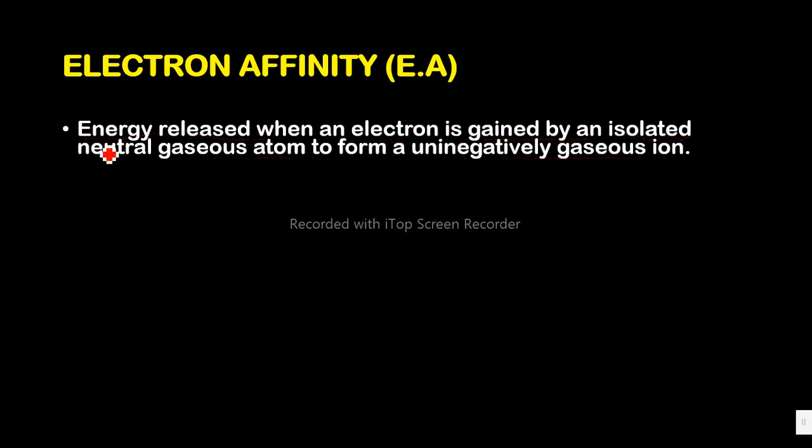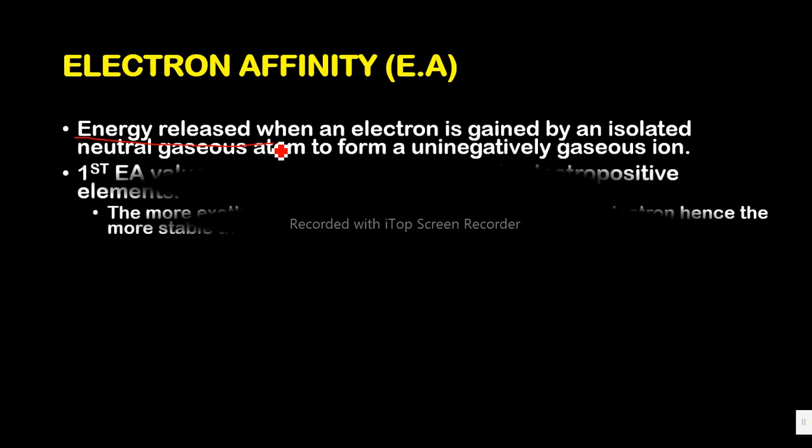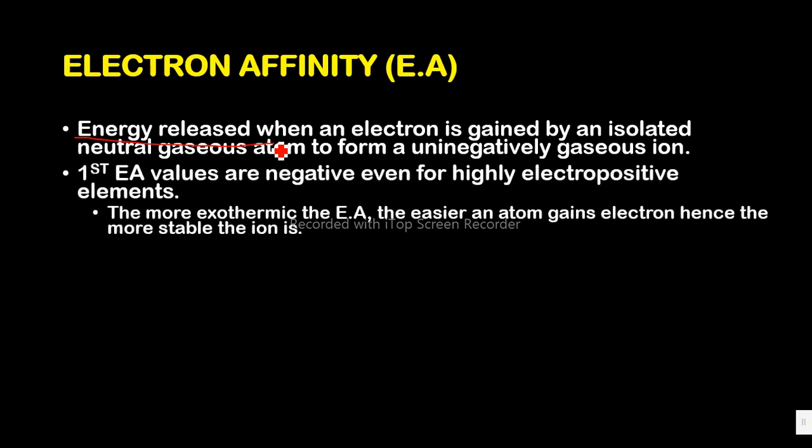So now, the enthalpy change, the energy that is released when an electron is gained by a gaseous atom to form a negatively charged gaseous ion, is the electron affinity. Now for the first electron affinity, the values are negative.